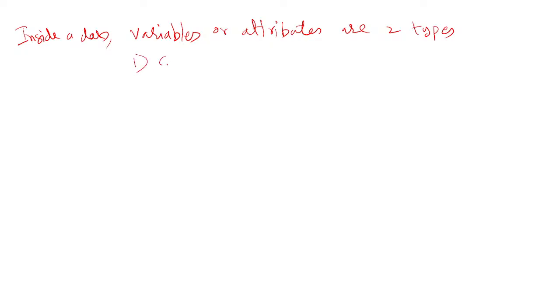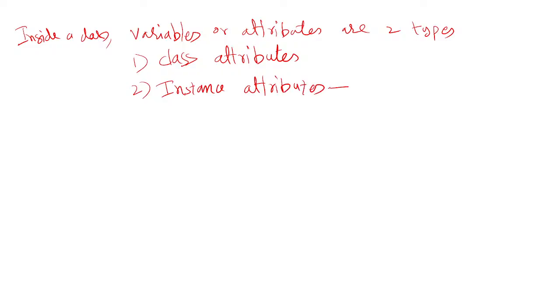One is called class attributes, and the second one is called instance attributes. Instance attributes we have seen. That means every instance will have its own copy of an attribute.